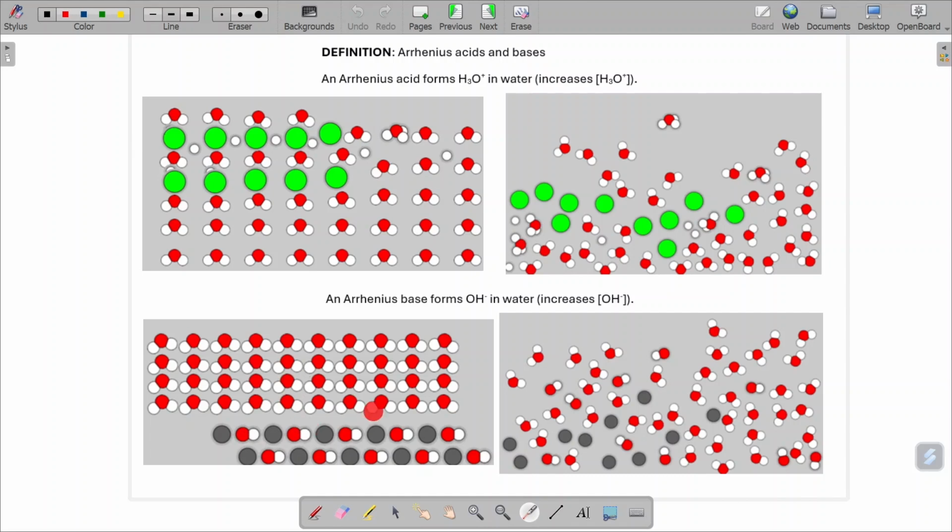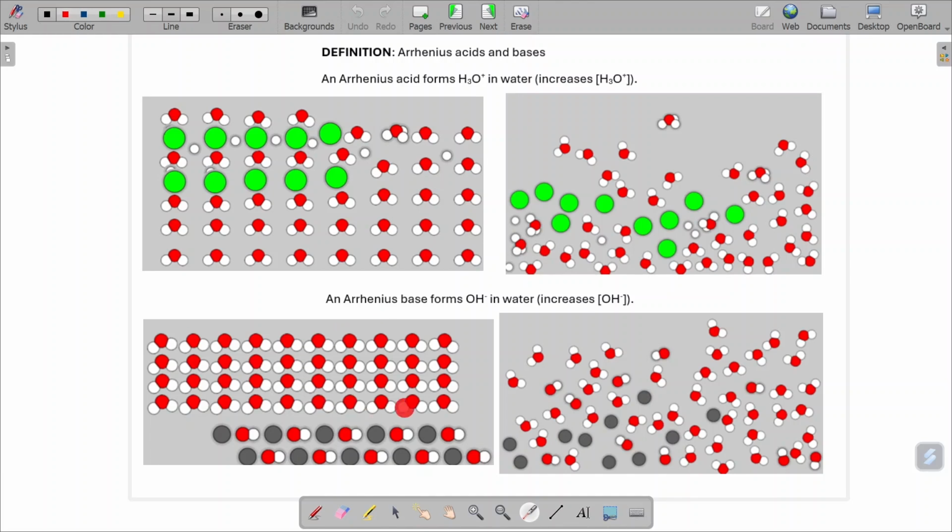This is before it mixes, and you've got your sodium hydroxide and the water. What you notice here is that the hydroxides, so these ions, have now been freed. When the sodium hydroxide reacts with the water, you can see there's a hydroxide ion, another hydroxide ion, another hydroxide ion.